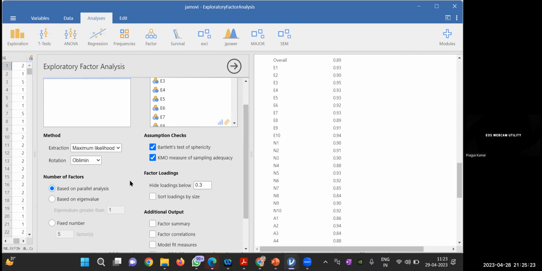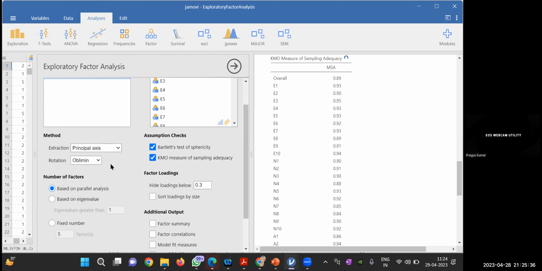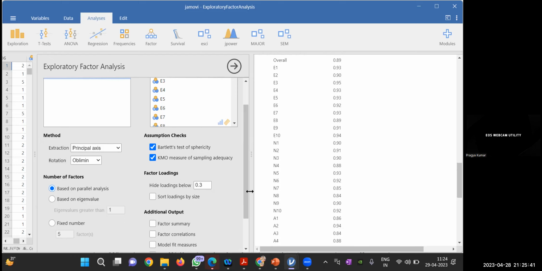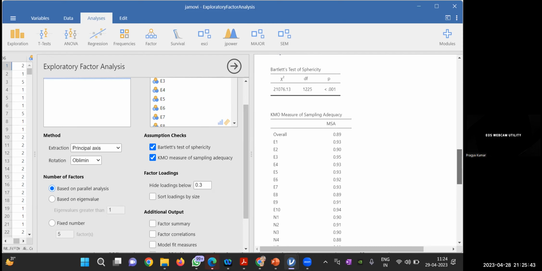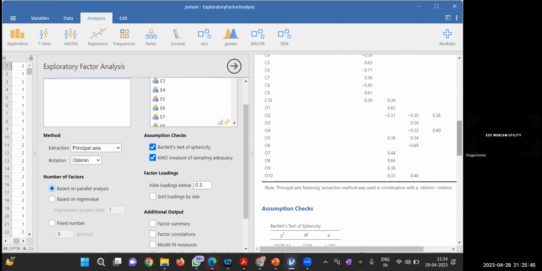So I will see the correlation also, but start with oblimin. Oblimin means I have taken this as the method of rotation. And here also you may use principal axis. Why principal axis? Because the data number is less. But again, if there is sample adequacy, you can go for maximum likelihood also.